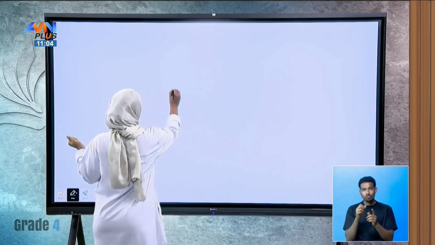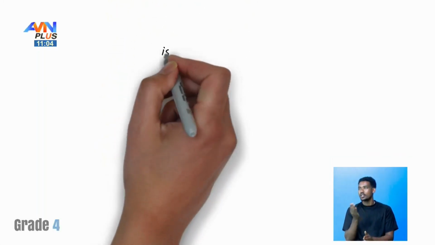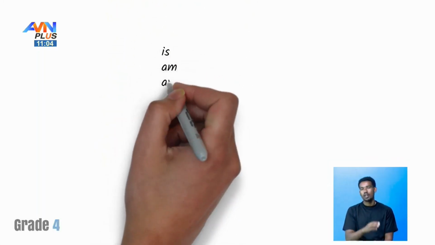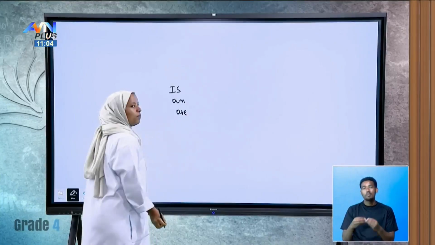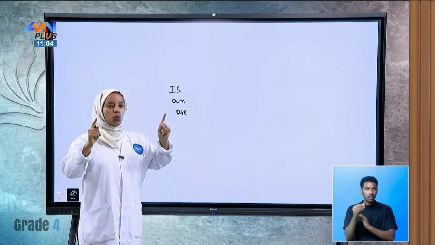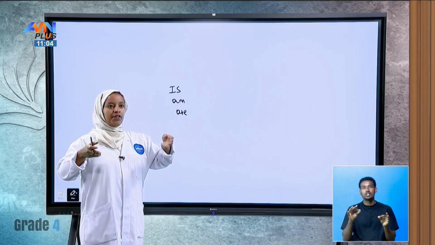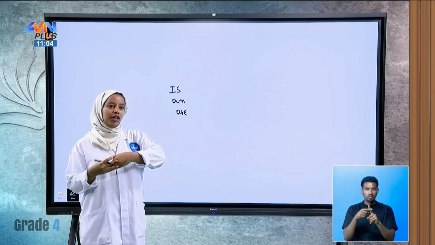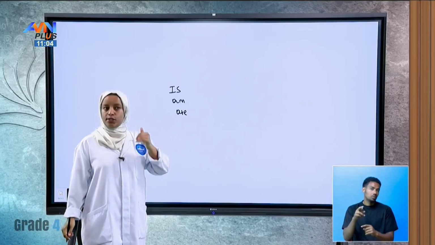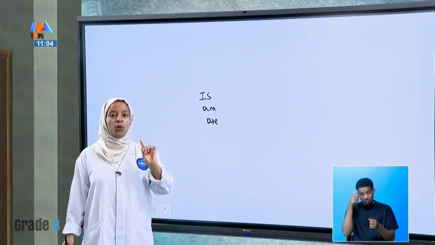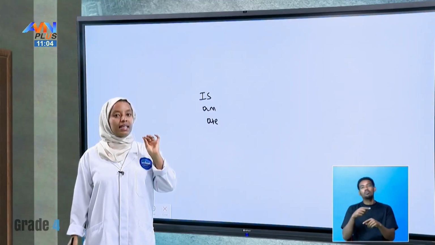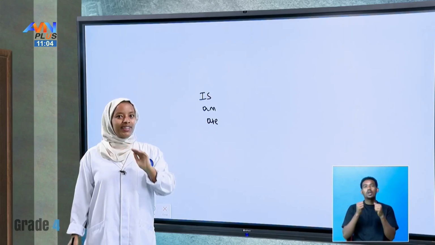For example, is, am, and also are. Let me give you one example and let us change the sentence, which is positive or affirmative, into interrogative and also negative form.